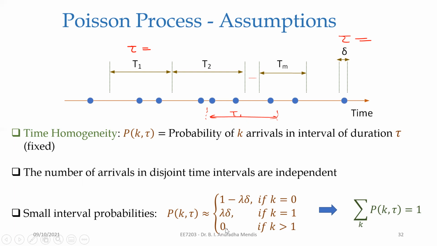If you know these two, and there are only these three cases, then this probability is 1 minus lambda delta, because the total probability equals 1 for all cases. So I think this part, you can understand how these values come.